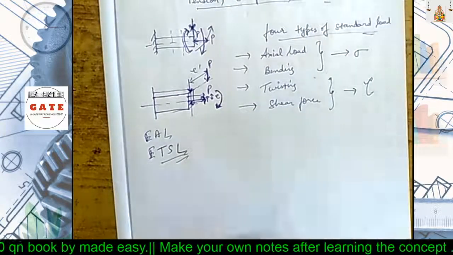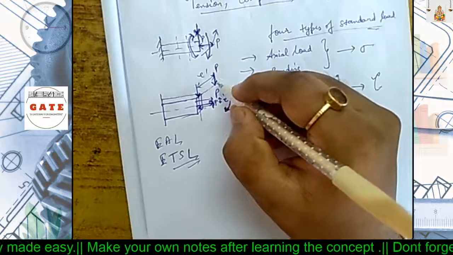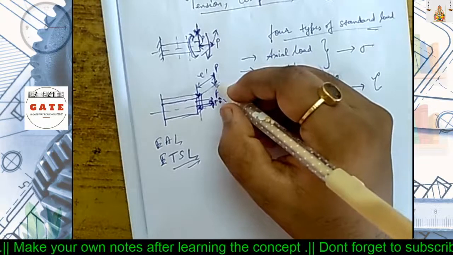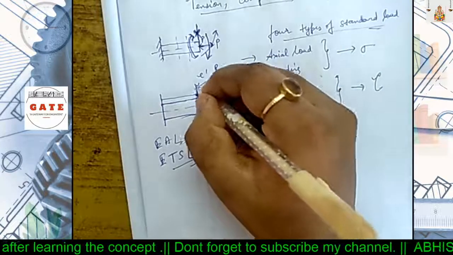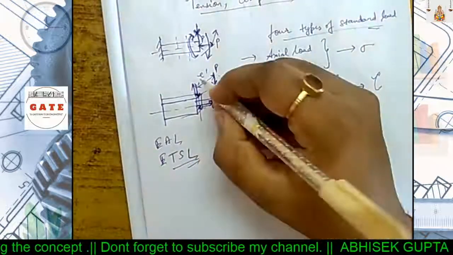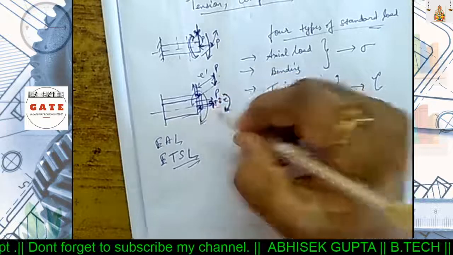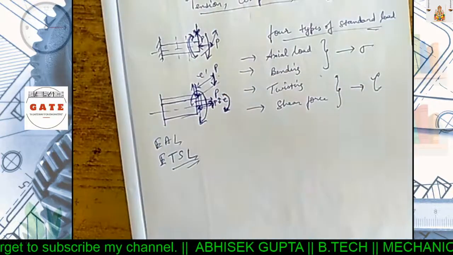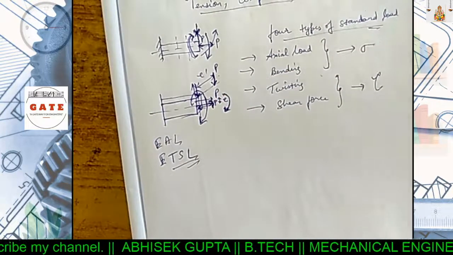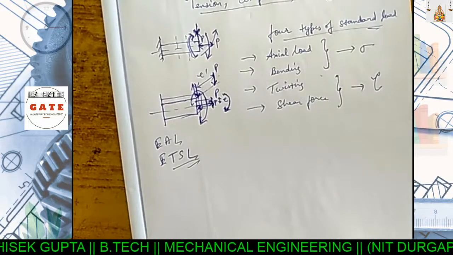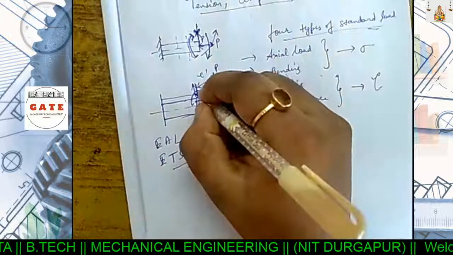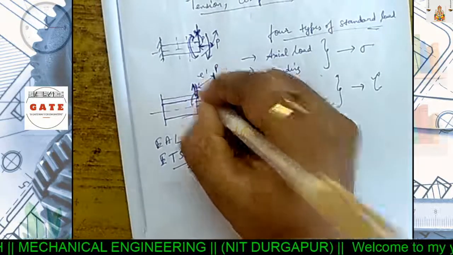And this eccentric transverse shear load will cause both shear force and a twisting moment, as well as variable bending due to this.